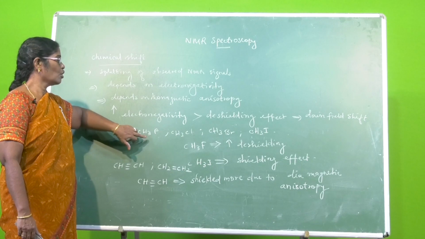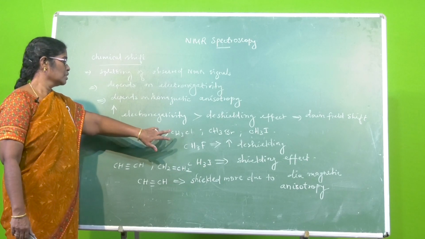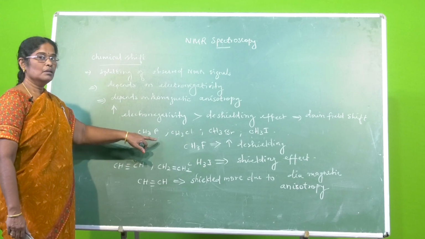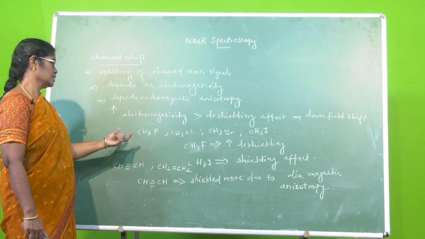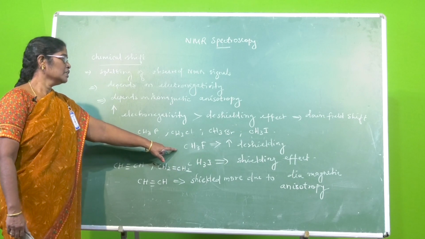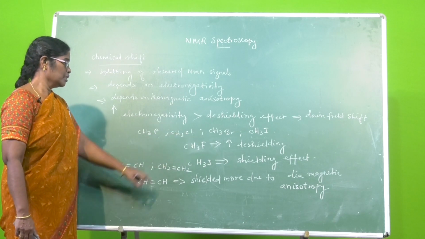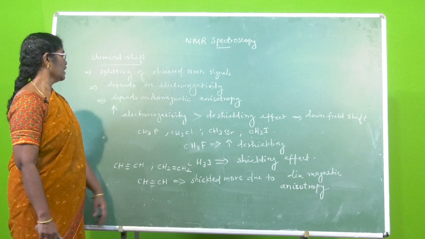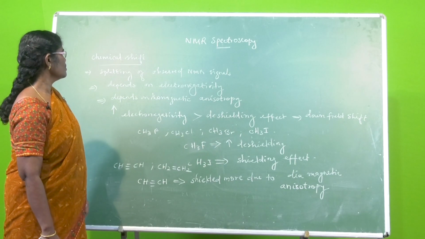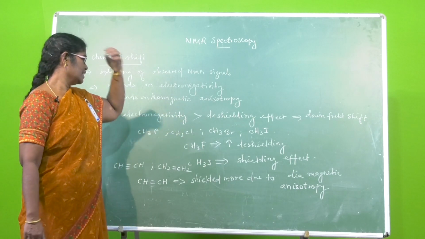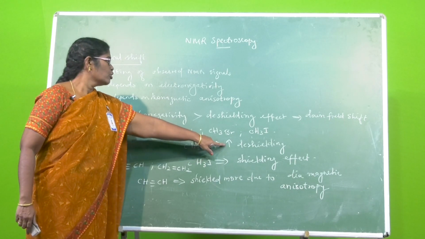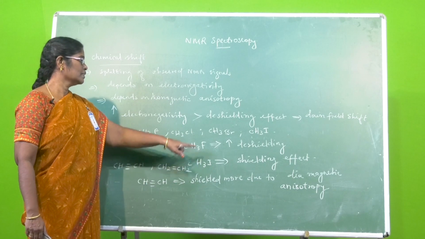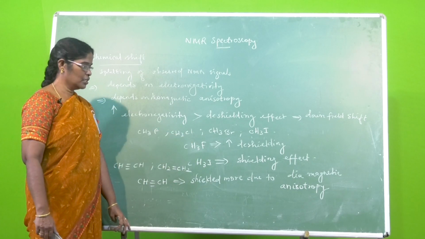To understand the order of electronegativity, we take the proton environment as the same, but the impact of the electronegativity that is implied on the system differs. Methyl fluoride will be more de-shielded because of its higher electronegativity values, which will have more de-shielding effect, and in that case, the delta values will have a downfield shift.